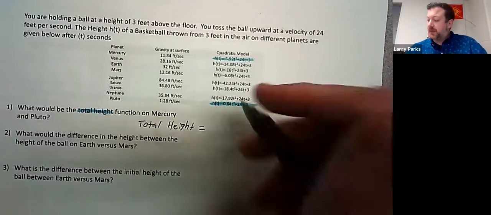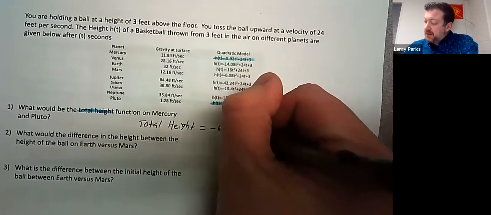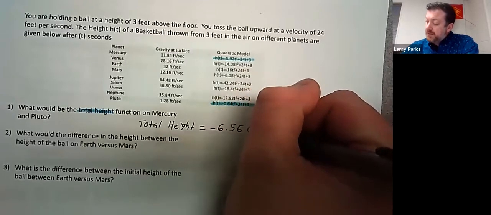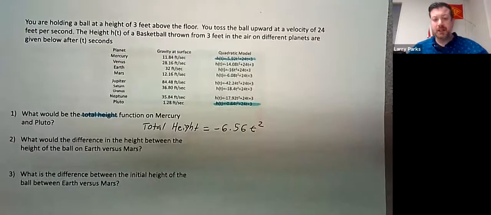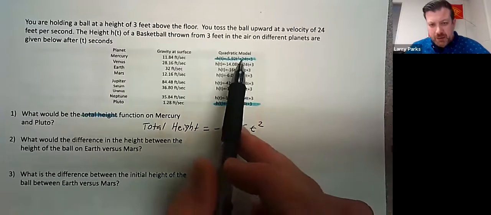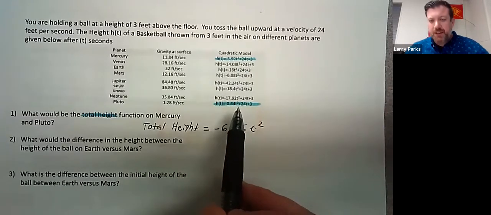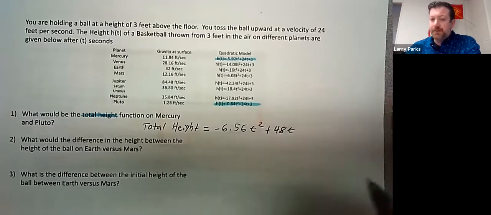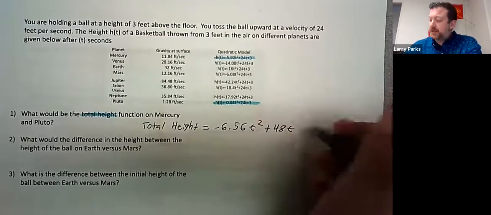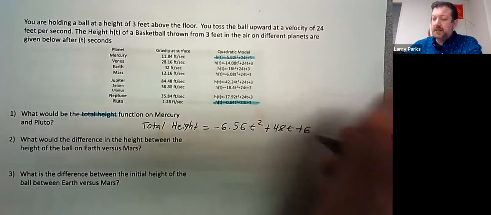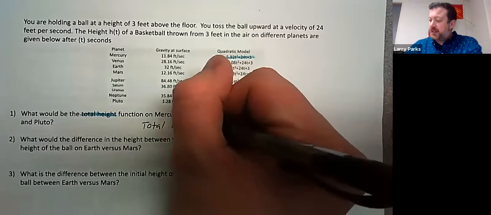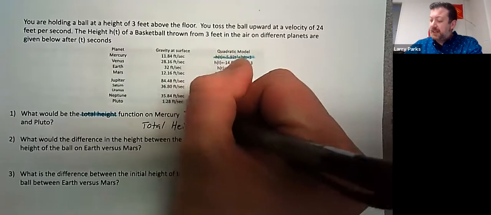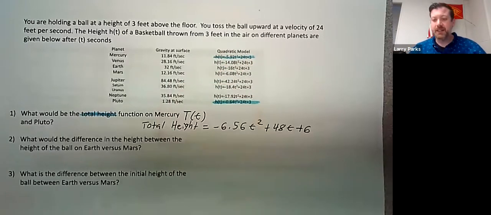That's negative 6.56 t squared. And then I'm going to take my 24 plus my 24, that's 48t. And then my 3 plus my 3, that's 6. And you might call this function like t of t, and that would just mean the total height. Okay, so you could kind of name this function what you want, unless they tell you how to name it.